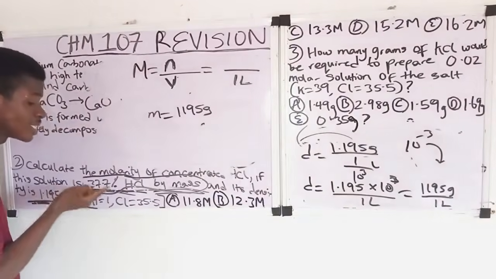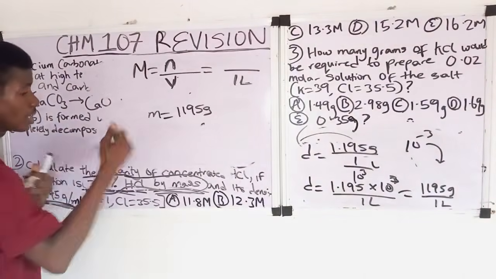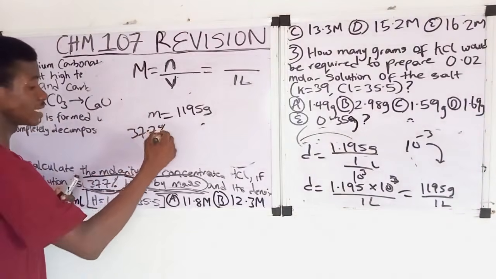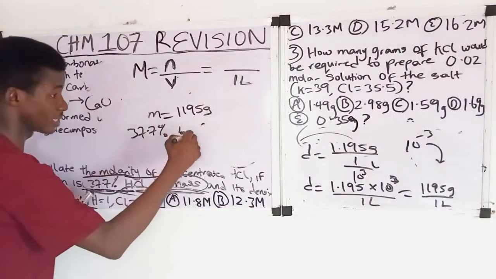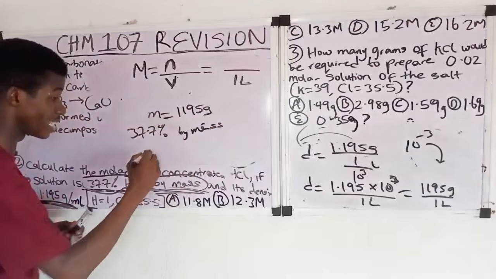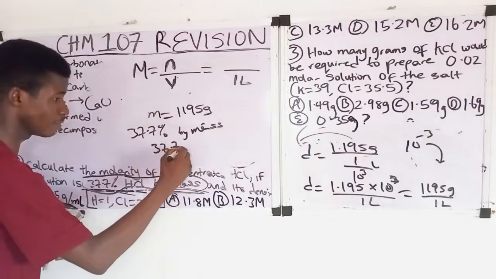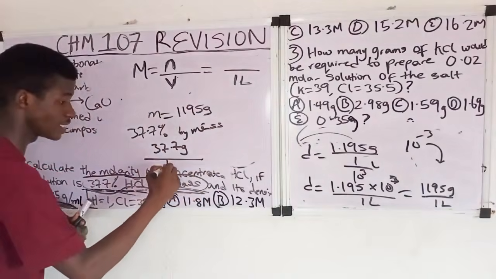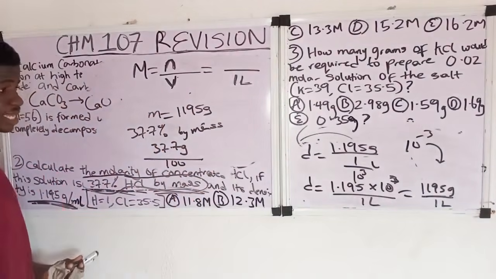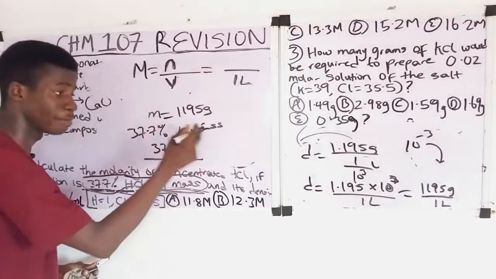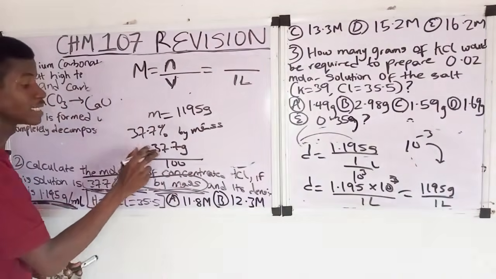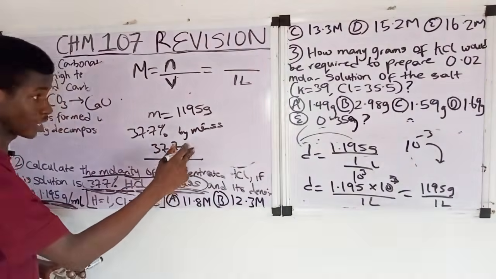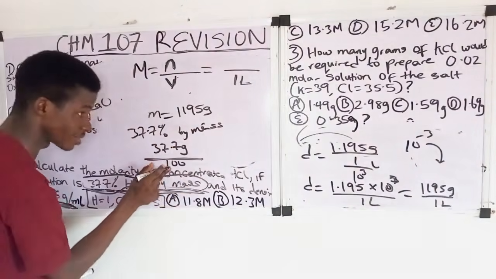Now, 37.7% hydrochloric acid by mass means that 37.7 gram of hydrochloric acid is divided by 100, right?